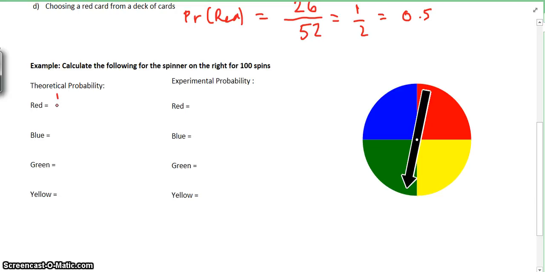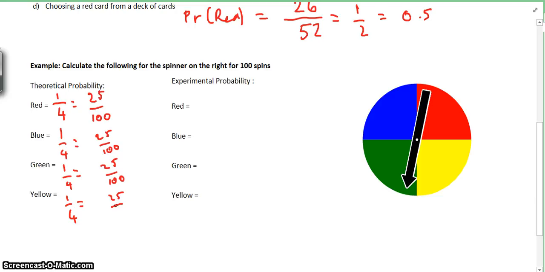Well, for one spin, we can get 1 out of a possible 4, for each color. If we spin this 100 times, we would then expect to see each of these happen, theoretically, 25 out of 100.